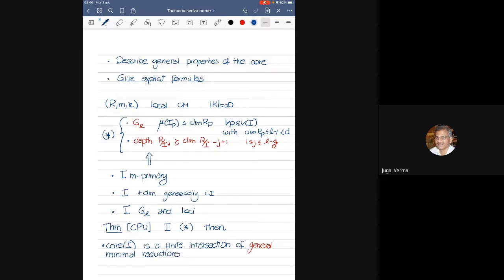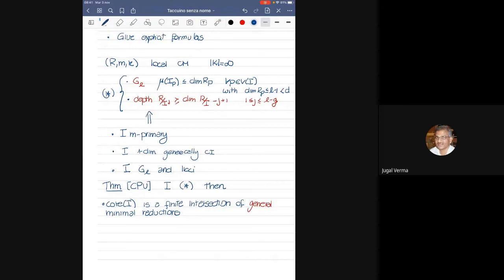First of all, let me tell you what general means. General means that you take L random linear combinations of the generators of I, where L is the analytic spread. Another way to think of it: you go modulo the maximal ideal, and you choose a point in an open dense set of affine space of dimension L times N. In fact, more is true.